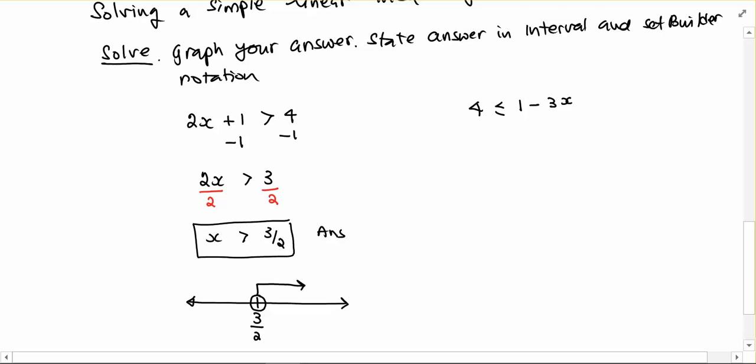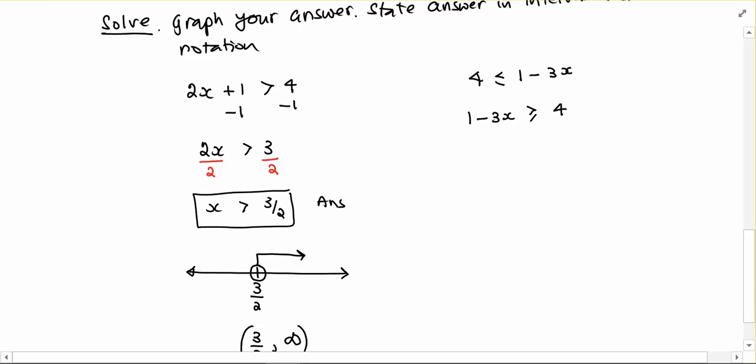Make sure that you keep the pointy end pointing at the same stuff and the open end pointing at the open end stuff. So if I were to change things around, I would say 1 minus 3x. Remember now, all you're doing is moving the left side to the right and the right side to the left, and put the 4 on the right to make it easier. And the open end was towards the x, so I'm going to keep that open end towards the x and the pointy end towards the 4.